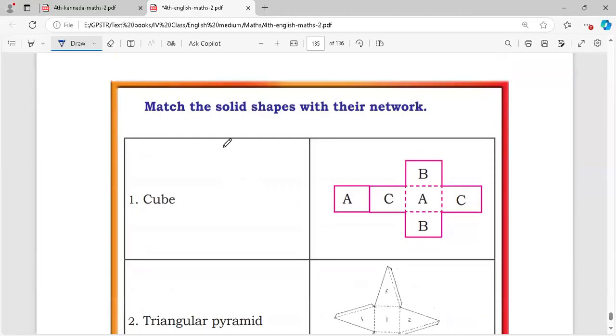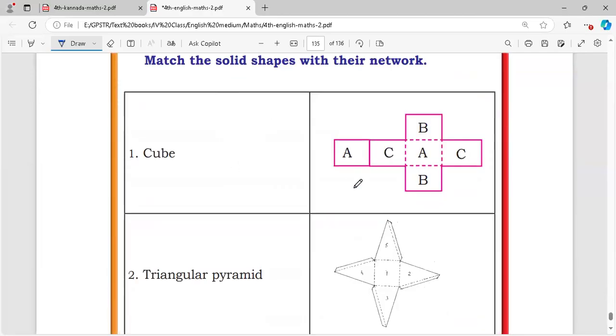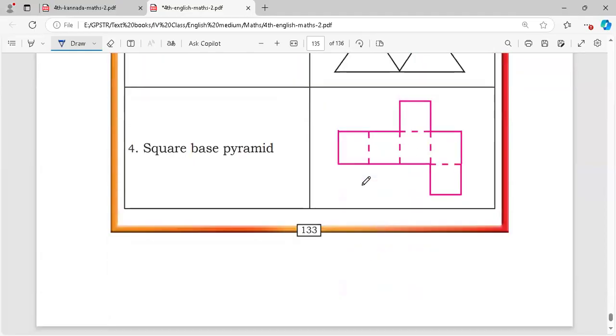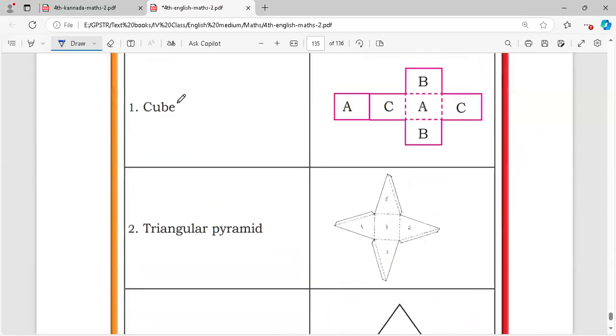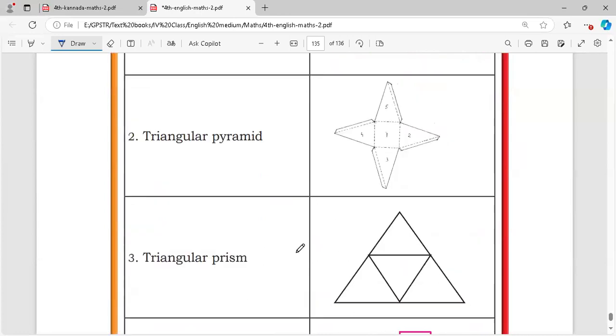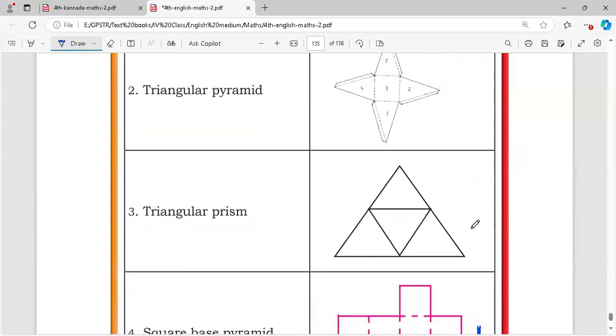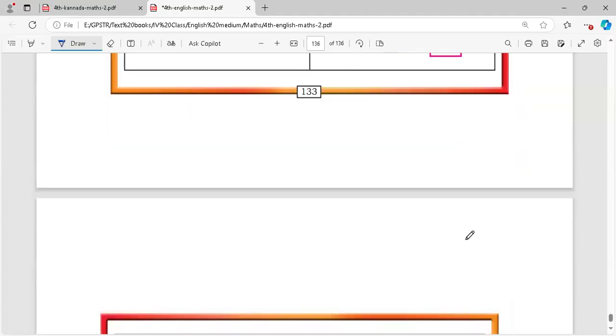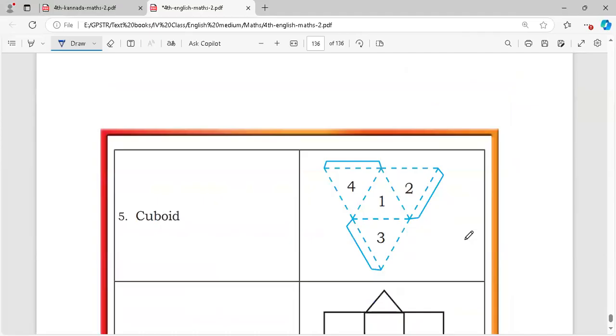Make the solid shape with their network. Cube. This is a cube. Network of cube. Next, triangular pyramid. This is a triangular pyramid. Triangular prism. This is a triangular prism.